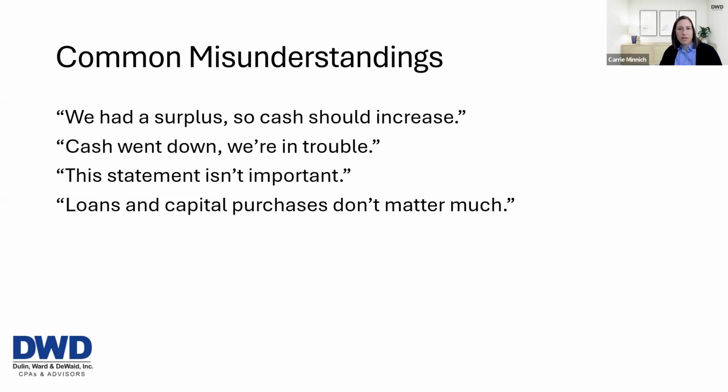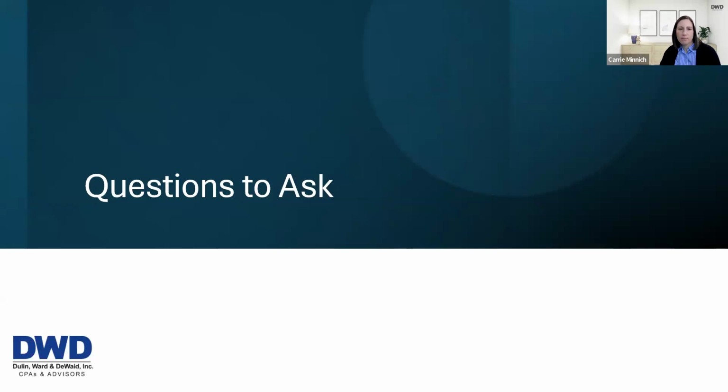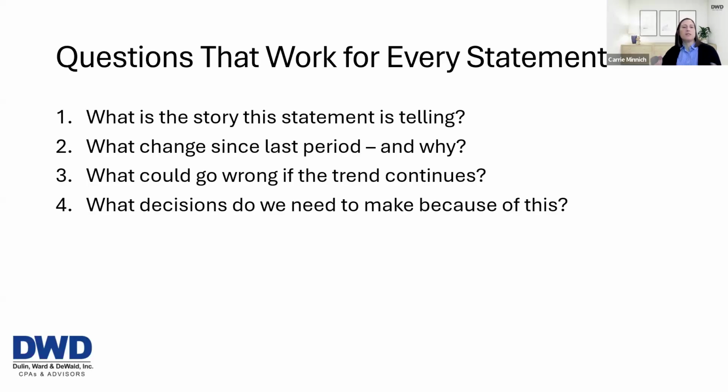So those are the 4 statements. We talked about some of the questions to ask, but these questions basically work for every statement that we're looking at. What is the story this statement is telling? The statement of financial position is one day, showing us our assets, our liabilities, and our net assets.